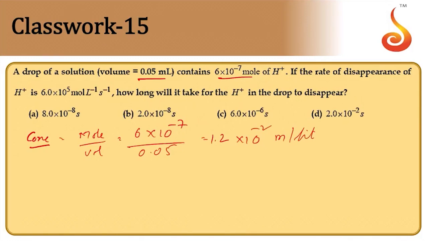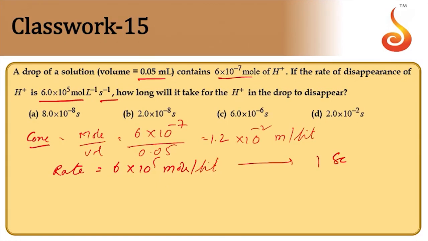Now they gave us the rate as 6.0 × 10 power minus 5 moles per liter per second. So the rate is 6 into 10 to the power of minus 5 moles per liter in 1 second. We have 1.2 into 10 to the power of minus 2 mole per liter, so how much time does it take?